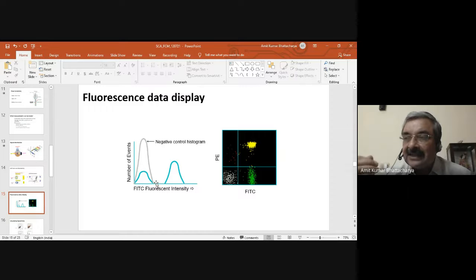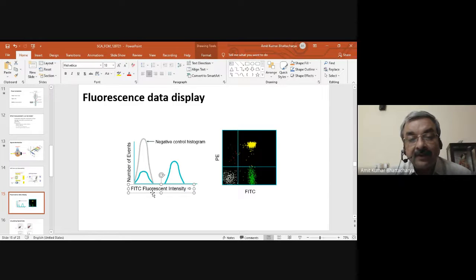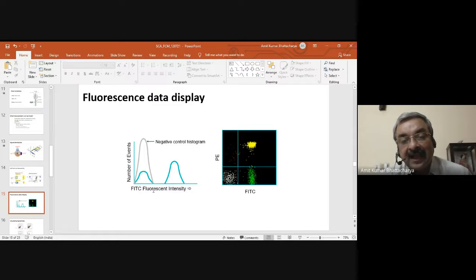Some unstained cells will also have a background fluorescence, and that is plotted as a particular peak of low signal, with a lower signal height, and the number of events is also low. But after staining, you see the signal above the unstained cells, and therefore you see an increase in peak height.